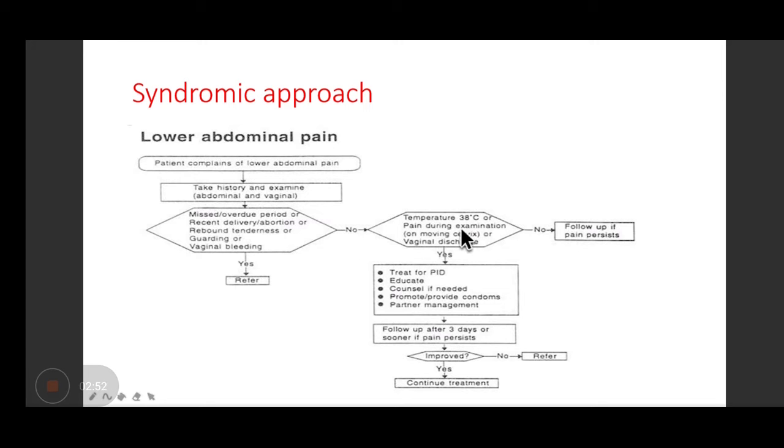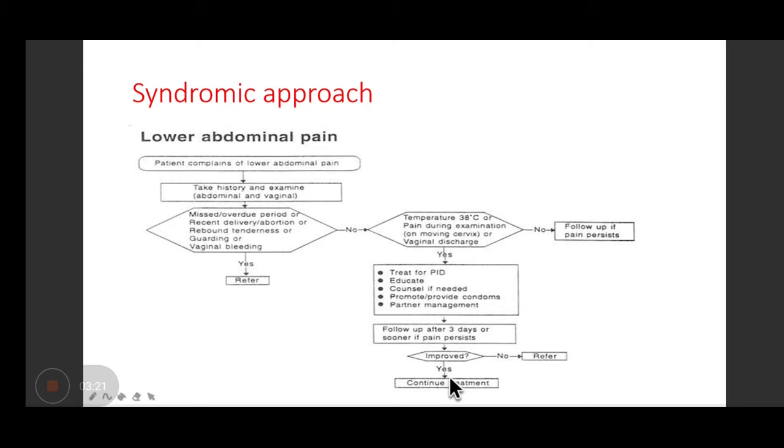And if this is not there, then we'll check the temperature. And if it is painful, if there's tenderness during examination, or if there's vaginal discharge, then we treat it as PID. Okay? We treat it as PID, we educate, we counsel the patient, we promote contraceptives, condoms, and also do the partner management. And we follow the patient after 3 days or sooner if the pain persists.